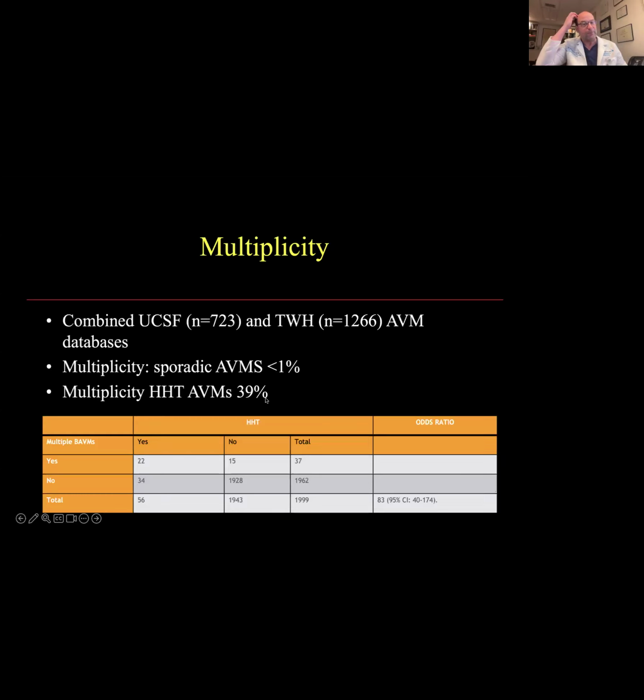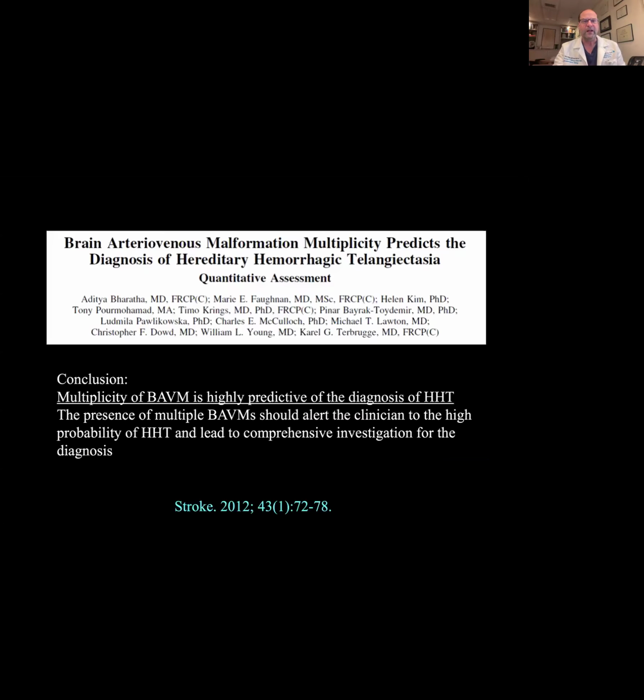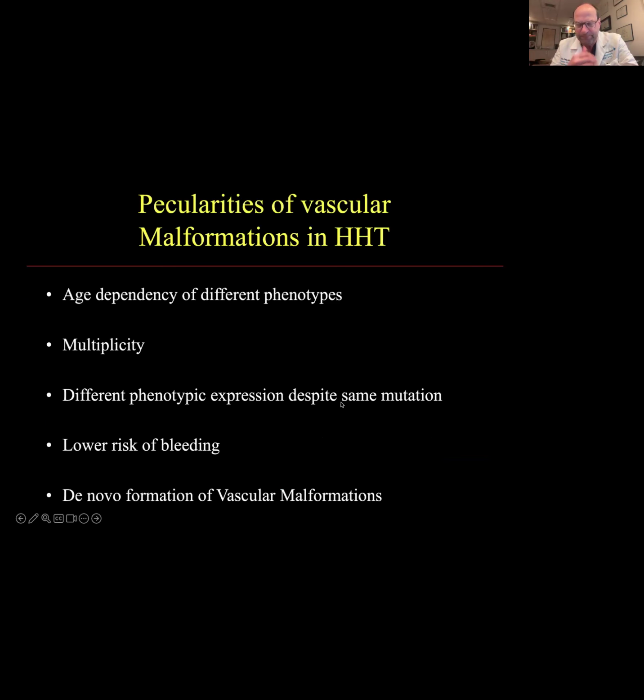But remember, what are the most common ones? The capillary malformations. And these are the ones that are not at risk. This is something that we wrote up a couple of years ago. The multiplicity of brain AVMs is predictive of the diagnosis of HHT.